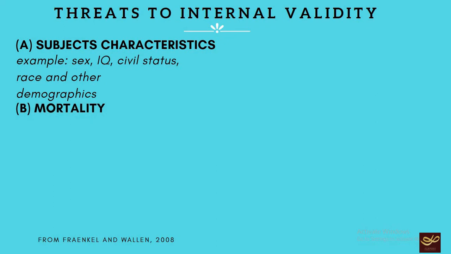Another is mortality. What do we mean by mortality? This is a very common threat when you are doing, let's say for example, longitudinal studies, which we'll be discussing later on in our third module. When you talk about these types of studies, normally you are following a group of individuals. You are tracking their performance.